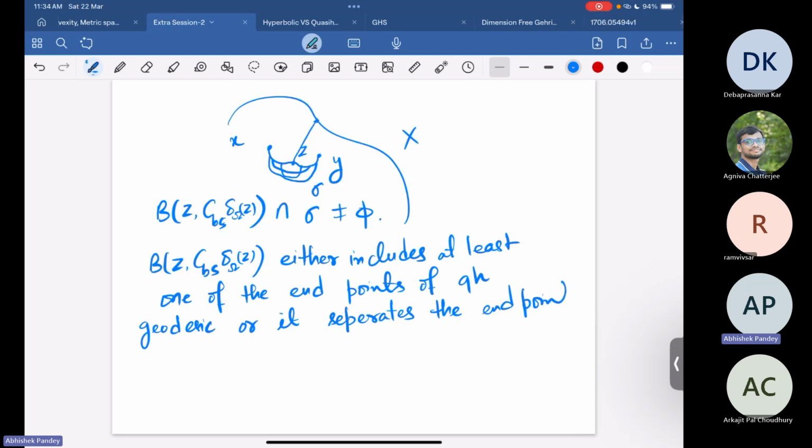That is what we mean by ball separation. So if we take this neighborhood, either the ball will contain one of these endpoints, since it is large enough, or it will just separate the endpoints. It will just hit this sigma. So this is what we mean by ball separation.